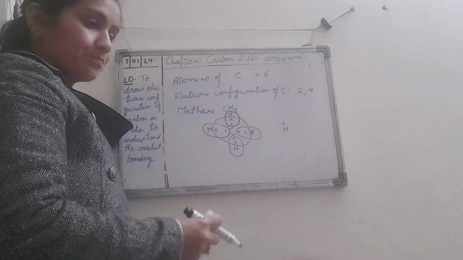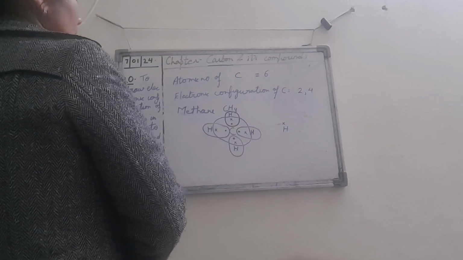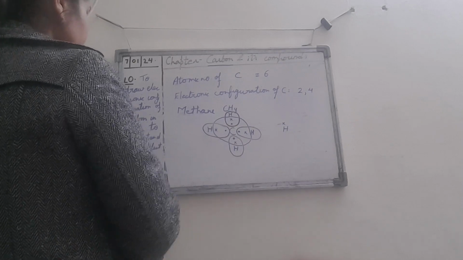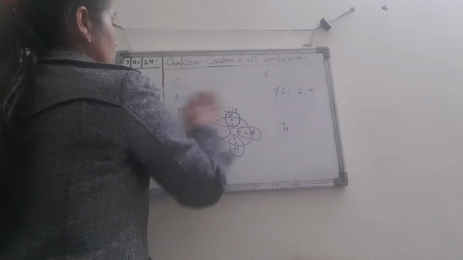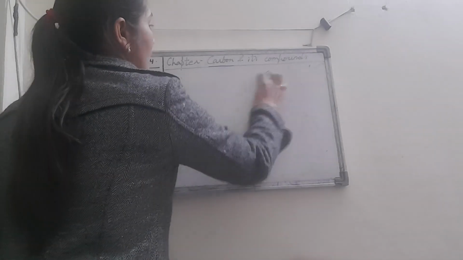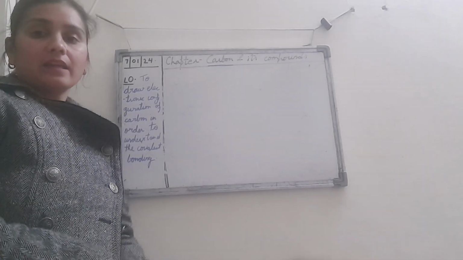Now next, we will discuss how can we get a number of carbon compounds in our surroundings?